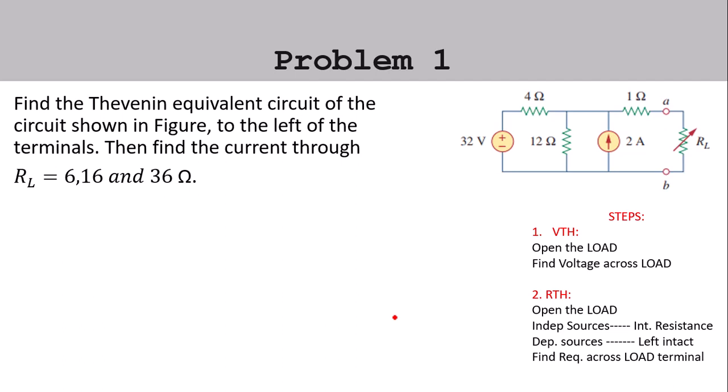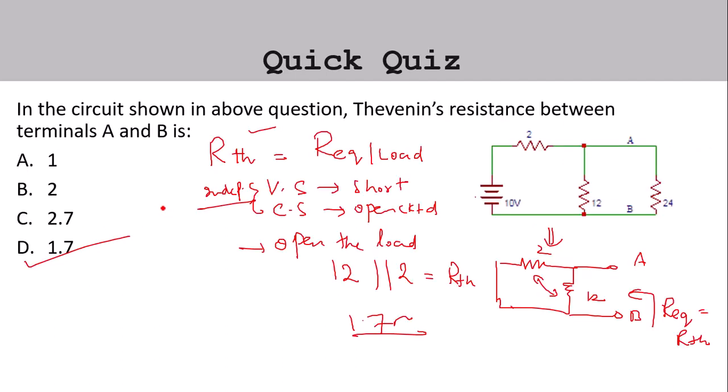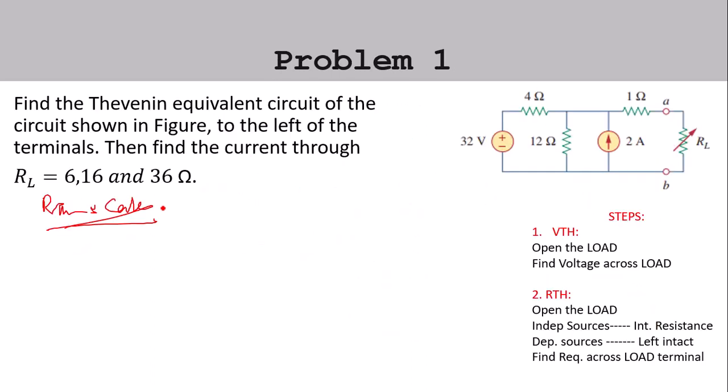Now what we can do is, first of all, we can find the RTH value, because calculation of RTH is easier. So we can start with the RTH calculation. And again, like we did in this particular question, we will be following the same steps here also.